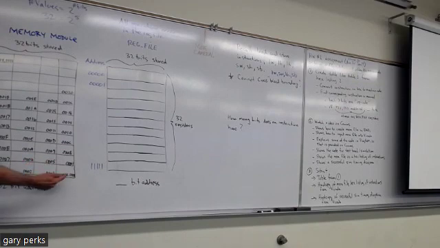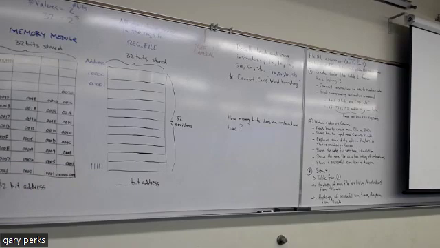16. So if I were to use this address 0 for a half word, it's gonna take the data at these 2 bytes. If I use this address for a half word, it's gonna use these 2 bytes. If I use this address for a half word, it's gonna use these 2 bytes, and that's all okay.